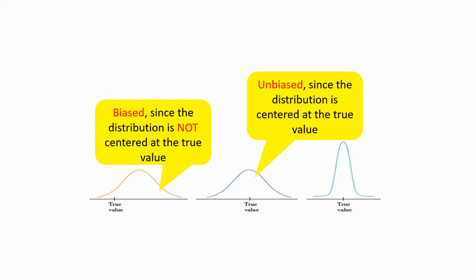This is an example with the true value. The good one has the value in the center, but this one shows bias because the true value is on the left. Biased means the distribution is not centered; unbiased means the distribution is centered at the true value. This is important for you when you plot the graph.